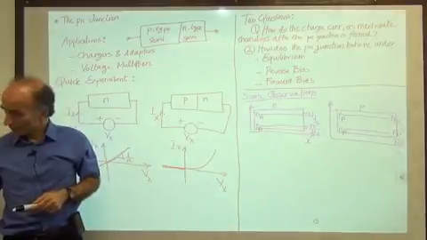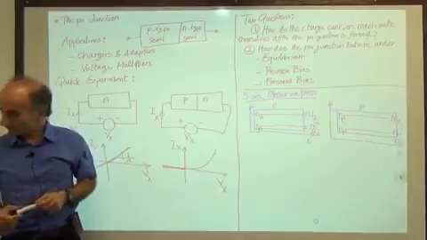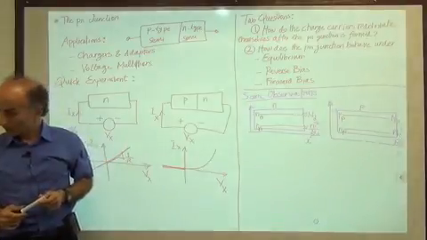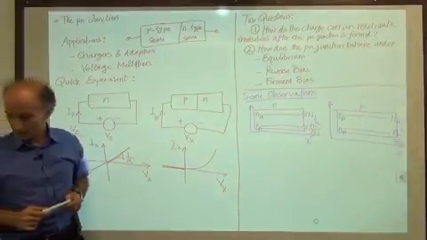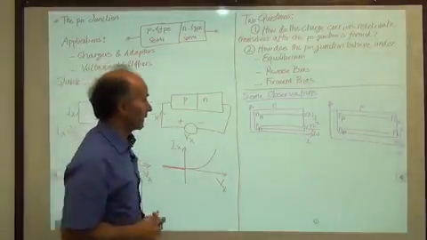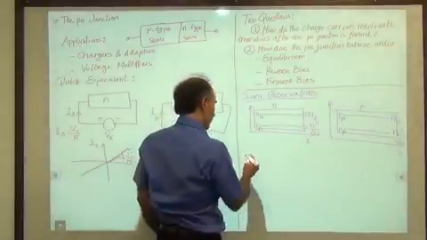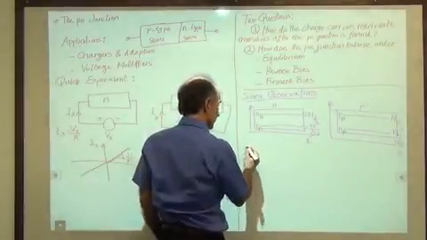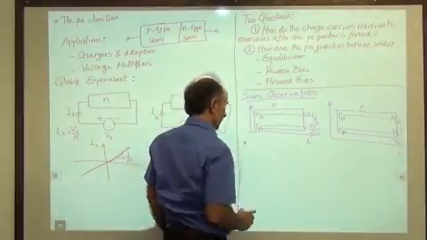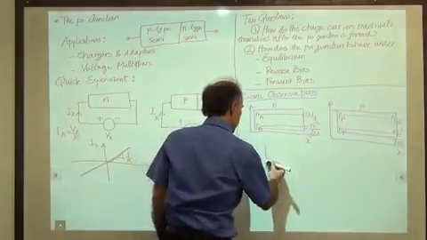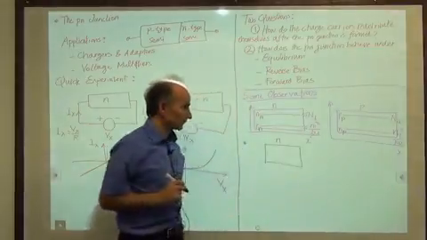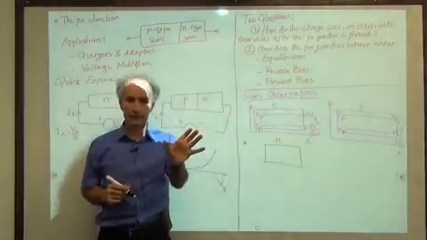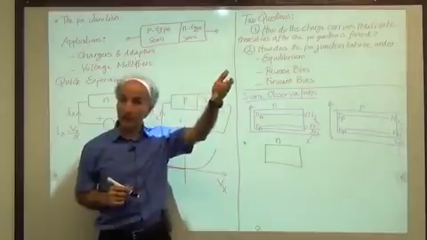Okay, so let me consider the first case. The next observation that I would like to make is the following. Let's consider a piece of n-type silicon just by itself. It has an abundance of electrons.